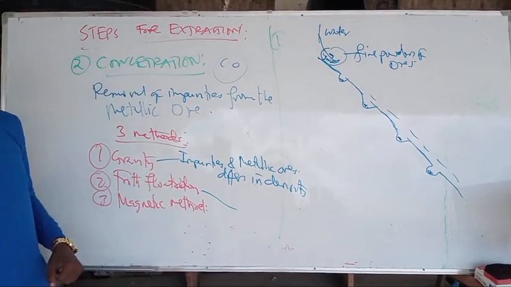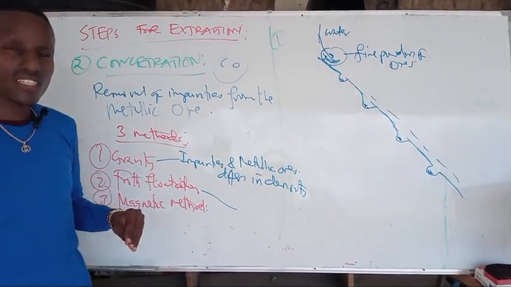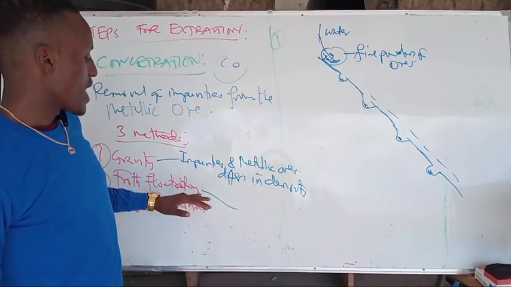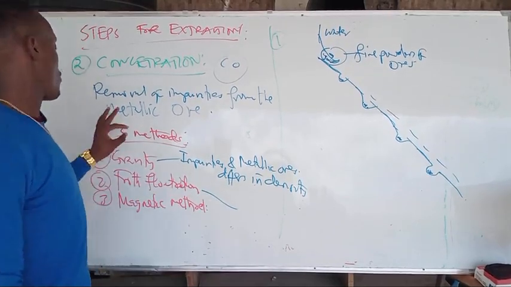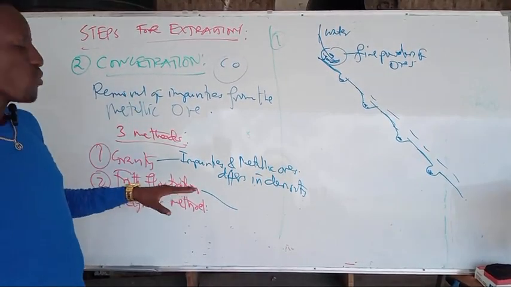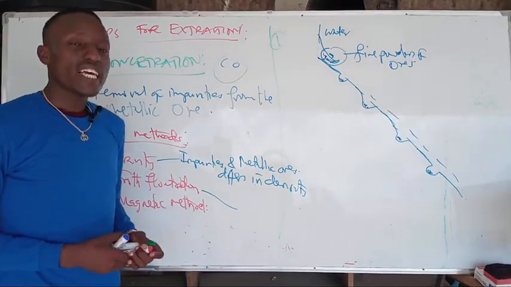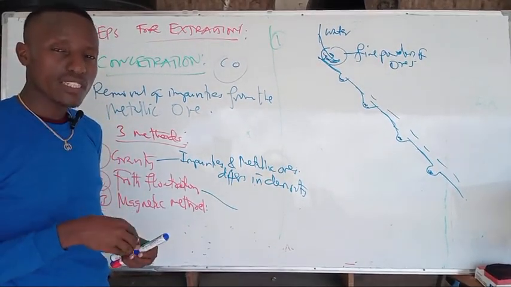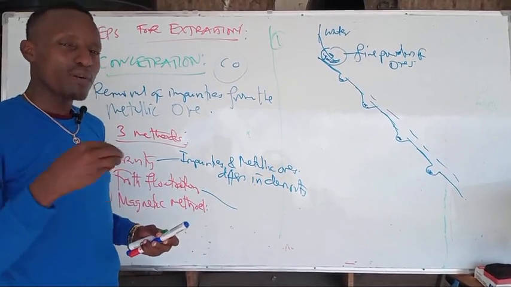What about the froth flotation? Froth flotation is very important to understand, because this is a special method of concentration. What we do in froth flotation is we mix the fine powders with water and with pine oils.